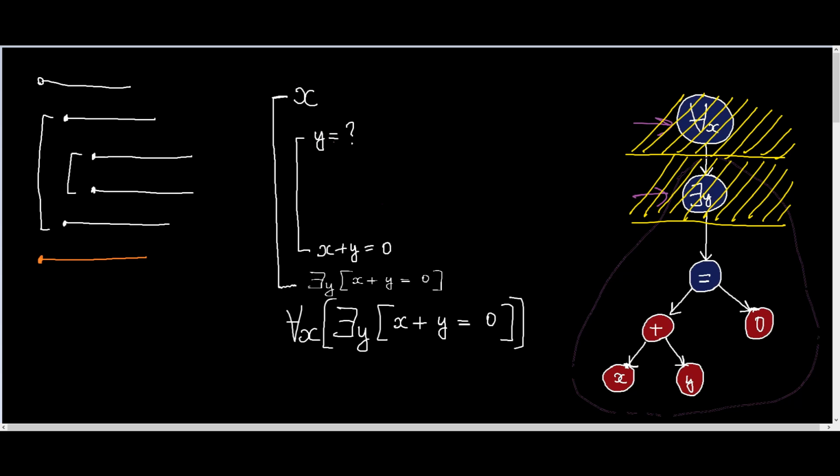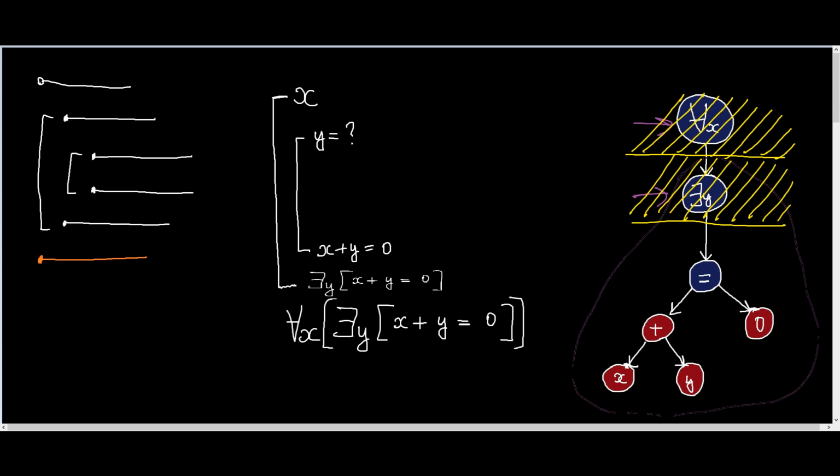What should y equal to so that x plus y will equal 0? And as soon as I ask this question to myself in the way I have done now, immediately my mind tells me, wait a second, we can take y equals minus x.